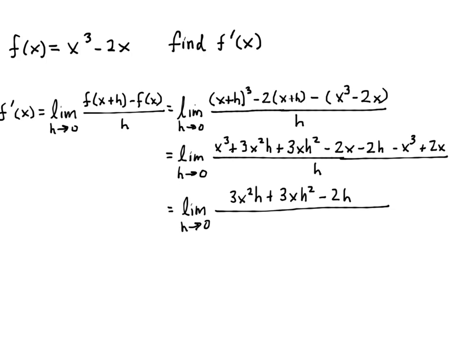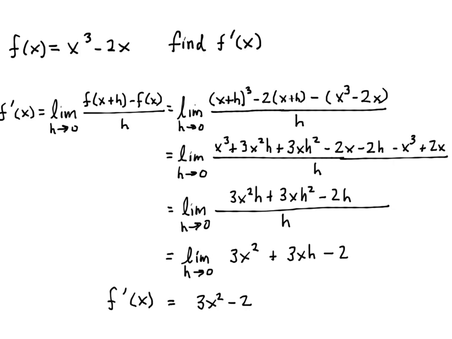So I end up with 3x squared h plus 3x h squared minus 2h over h, and then I can cancel out all my h's in there. I get 3x squared plus 3xh minus 2. As h goes to 0, that middle term, 3xh, goes to 0, but the other two terms stay put, so we have 3x squared minus 2 is my derivative.